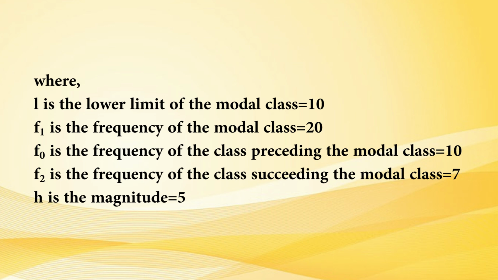F1 is the frequency of the modal class, which is equal to 20. F0 is the frequency of the class preceding the modal class, which is equal to 10. F2 is the frequency of the class succeeding the modal class, which is equal to 7. And H is the magnitude of the modal class, which is equal to 5.